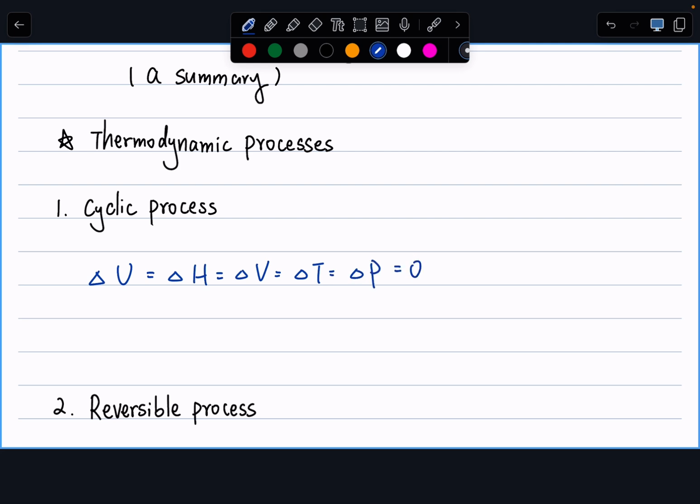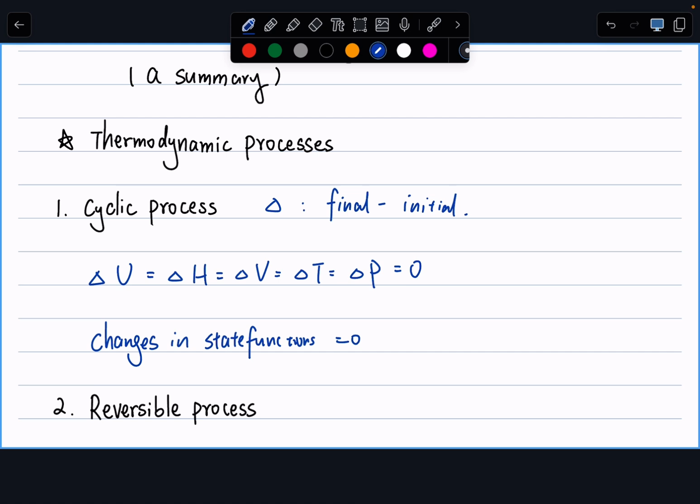All of these state functions will not change, meaning the overall change of my state function. Whenever you see delta, this symbol just tells you it's final minus initial.